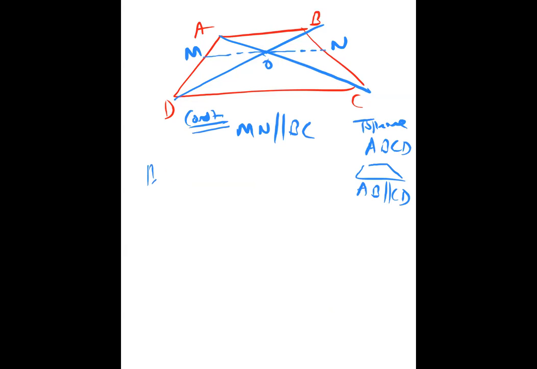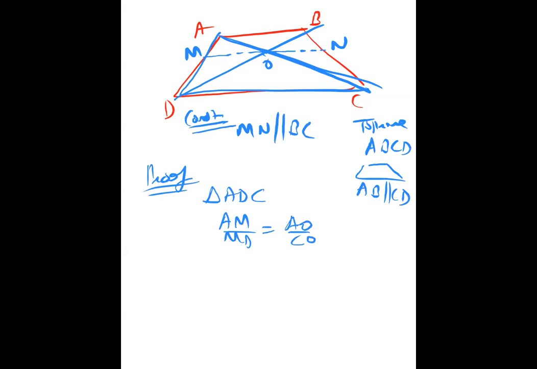Then the proof. One time you apply BPT in triangle ADC: AM by MD is equal to AO by CO. And already it is given that AO by CO is equal to BO by OD.